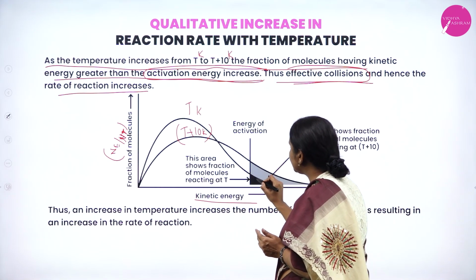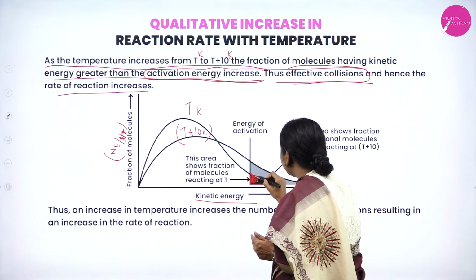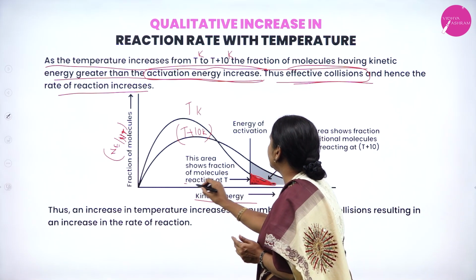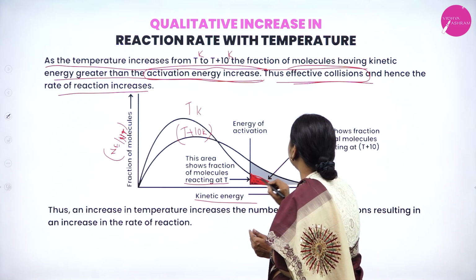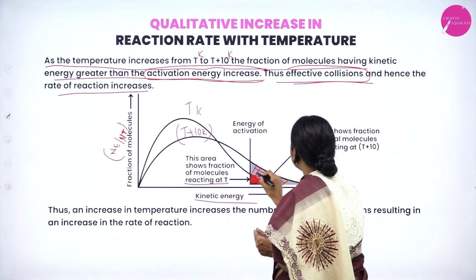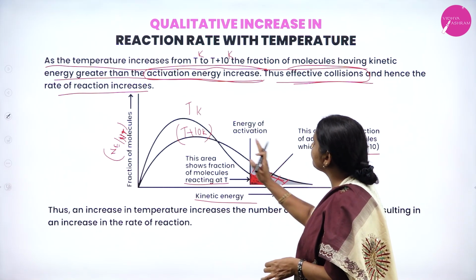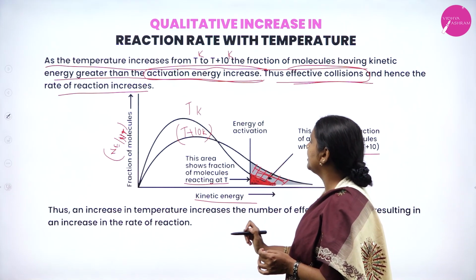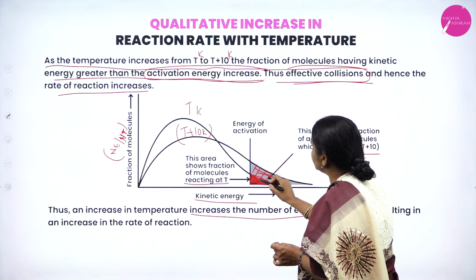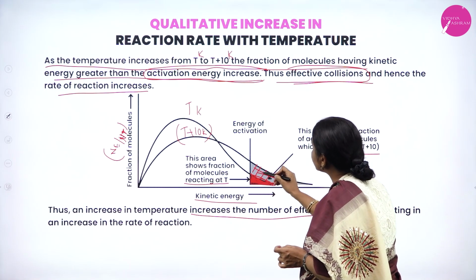Now observe this area that I am shading here. This area shows the fraction of molecules reacting at T Kelvin. And this area shows the fraction of molecules reacting at T plus 10 Kelvin. Observing, by raising the temperature by 10 degrees centigrade, the number of activated molecules increases; the fraction of activated molecules gets doubled.